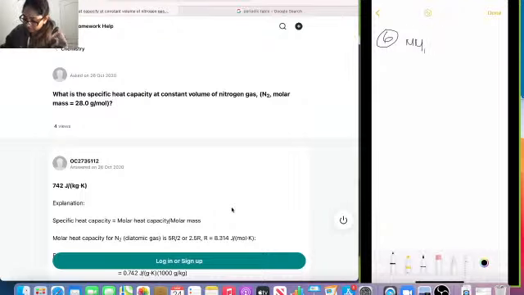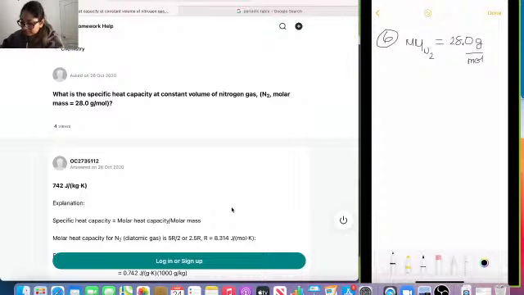The molar mass of N2 is given: 28.0 grams per mole. And we're trying to find the heat capacity at constant volume.